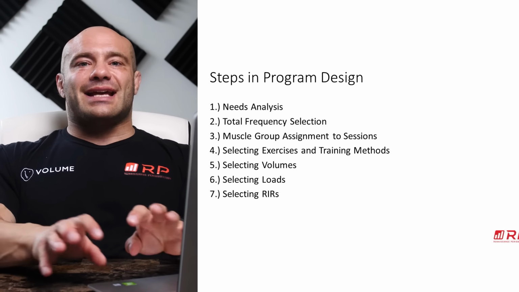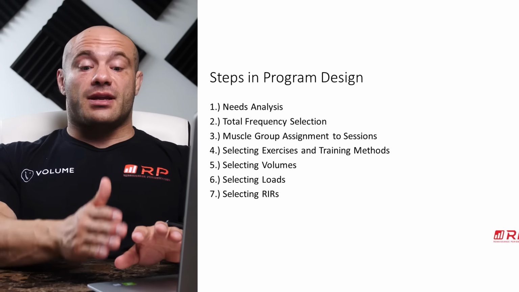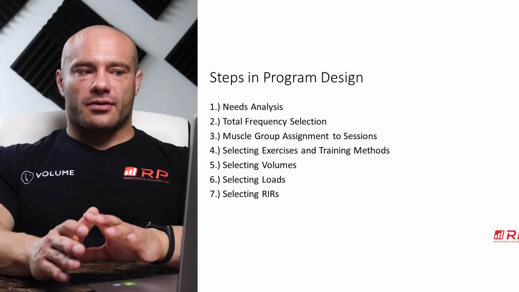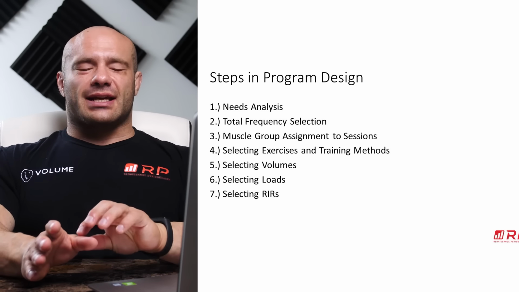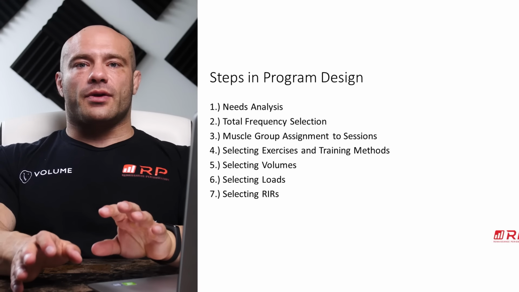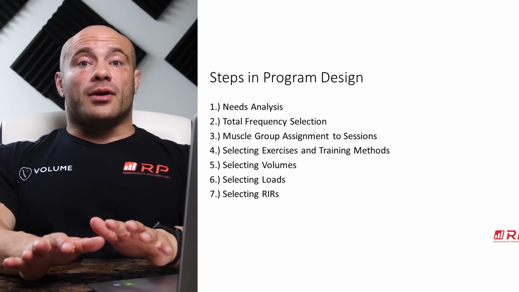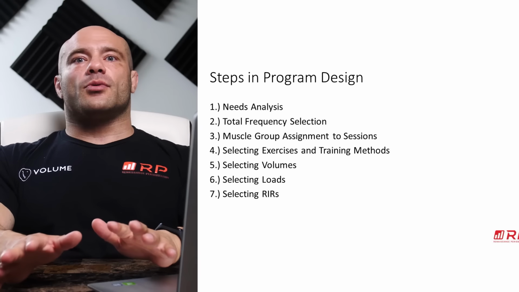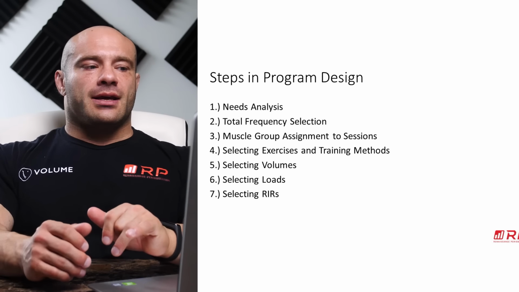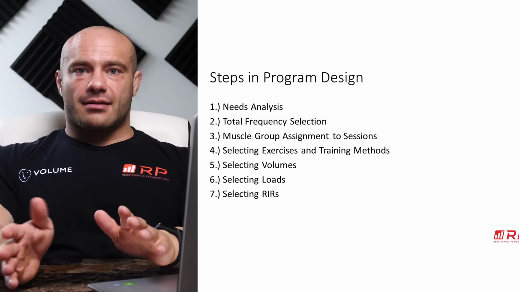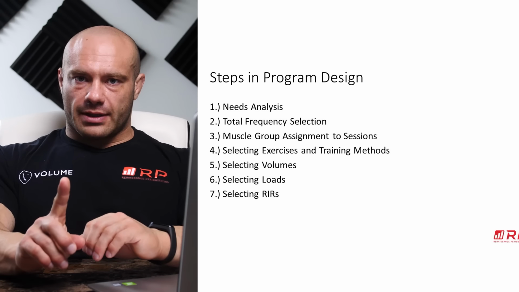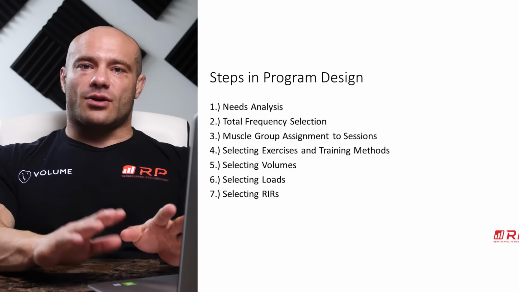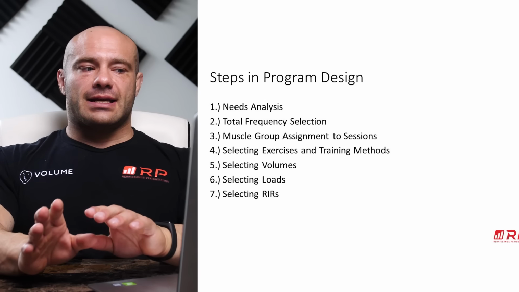Then number 3 is assigning actual muscle groups to all those sessions. So how many of those are going to be chest, how many biceps, and so on. Number 4 is selecting exercises and the training methods that go with them. So are we doing barbell rows for straight sets, or are we doing cable rows for myo reps, things like that. After that, we select the volumes of training that we're going to have in week number 1 only, because after that, lecture 2 will take over and auto-regulation will be put in place.